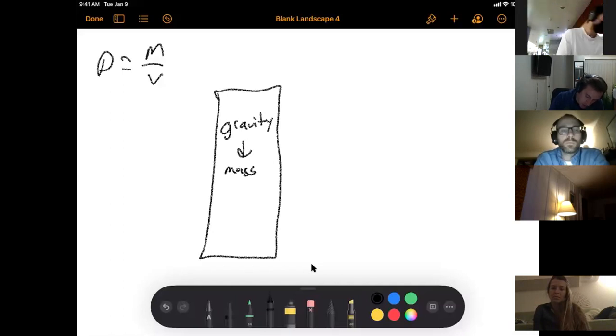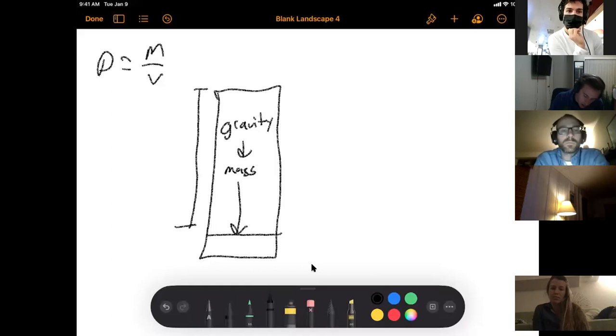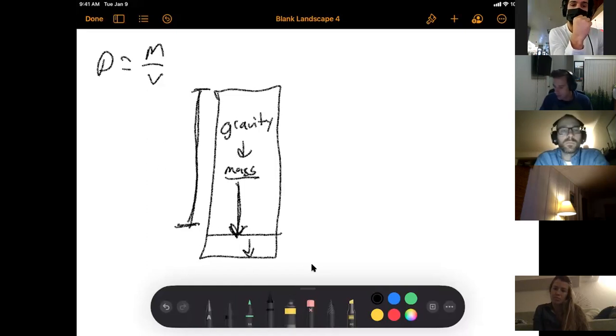So these are two forces: gravity and all of the weight from here to, let's say, here, pushing down on this. It's the same thing as my air in a glass analogy. If you have all of this mass pushing down on the bottom, you will end up compressing the piece at the bottom.